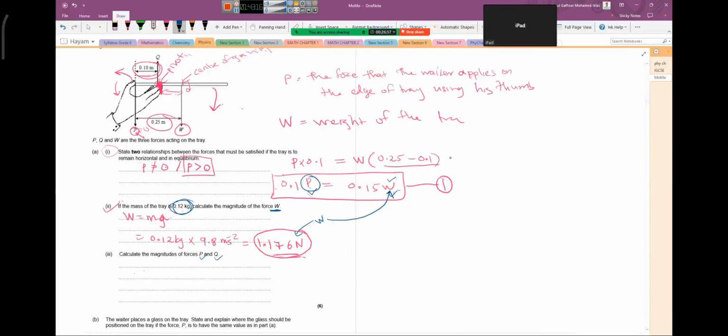So 0.1 P is equal to 0.15 into 1.176. So what is P? Can you quickly calculate and tell me? 0.15 into 1.176 divided by 0.1 is equal to what?